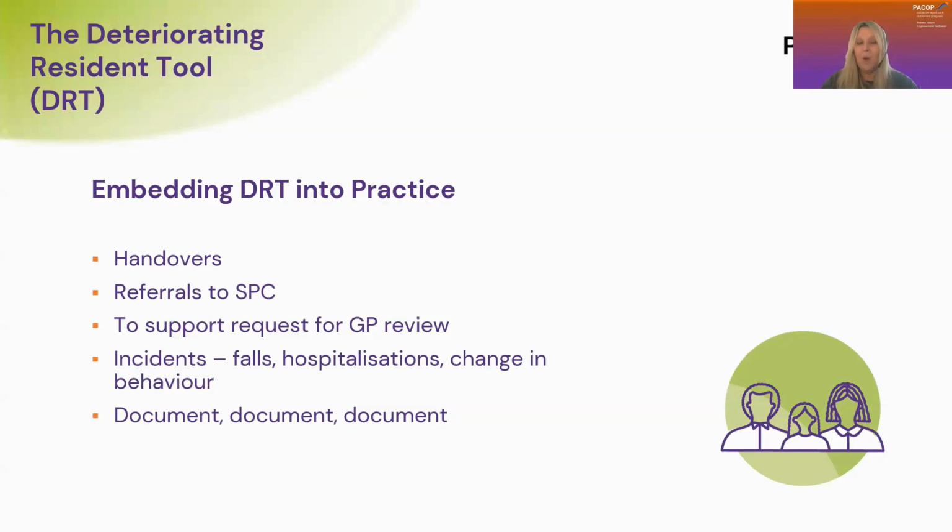One of the things that comes up a lot, because people can get really enthusiastic about starting PACOP and getting everybody on profile, is that they do start them on outcomes when it becomes obvious, but we keep forgetting to use the DRT. A good way to pick this up is, in your own clinical monthly meetings or in a PACOP community of practice, ask how many DRTs have been done this month?